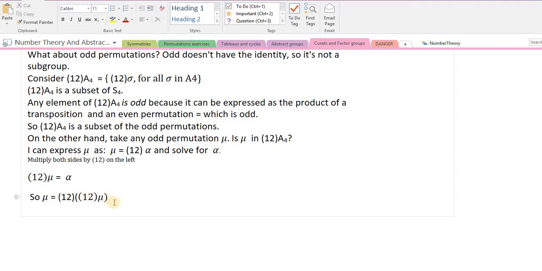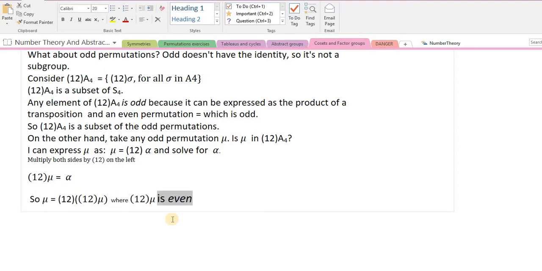Now, is (1 2) mu even or odd? Because we said mu is odd, and we're multiplying it by a transposition, (1 2) mu is even.